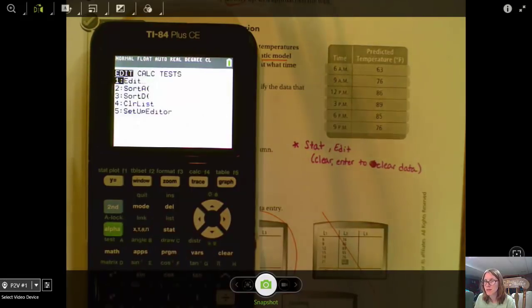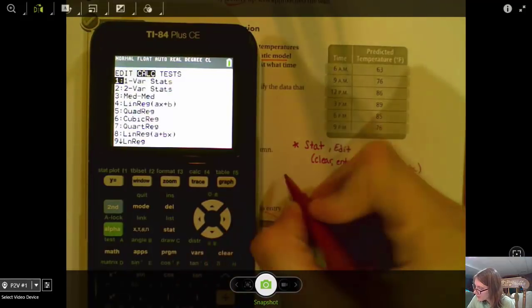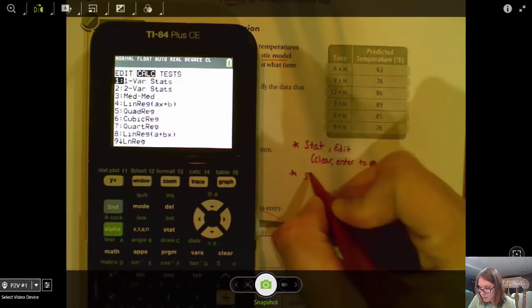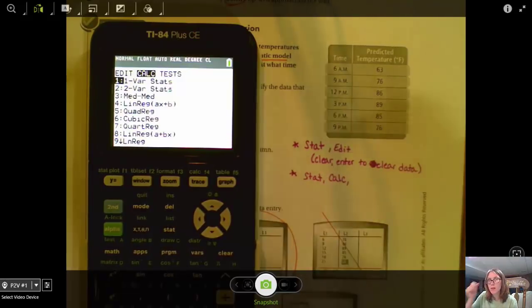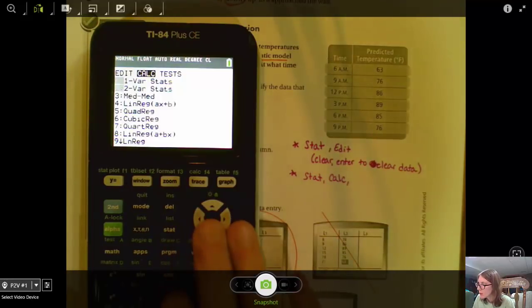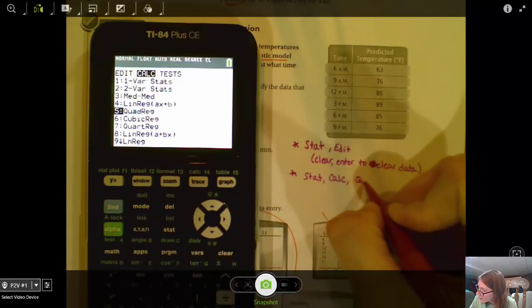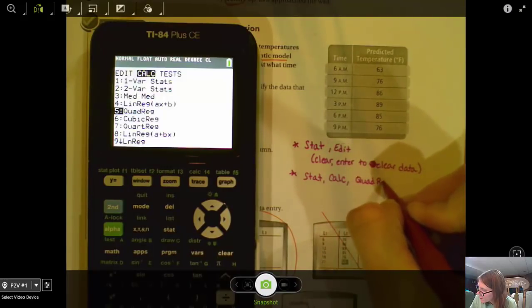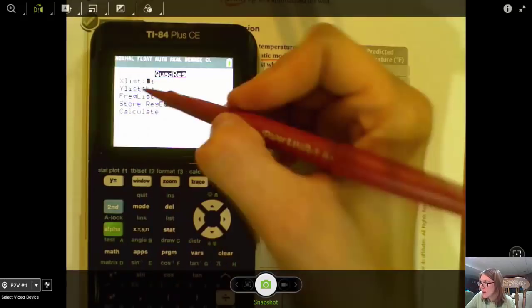Now I can go back to Stat, over to Calc. Since we want to make a quadratic function to fit this data, we want option number 5, QuadReg.